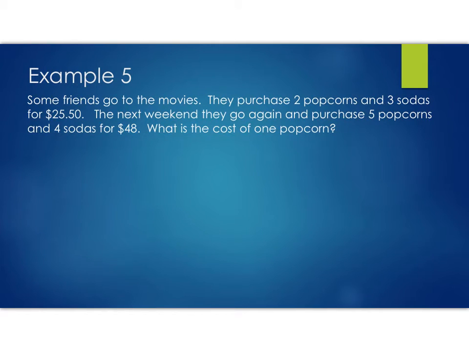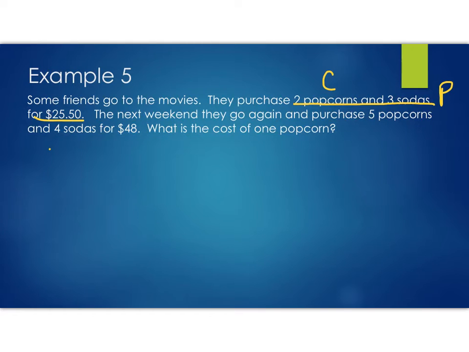So we have 2 trips to the movies. The first time, 2 popcorns and 3 sodas for $25.50. I'm going to call popcorns C, and sodas P for pop. So I would not pick the letter S for sodas because it looks a lot like the number 5.